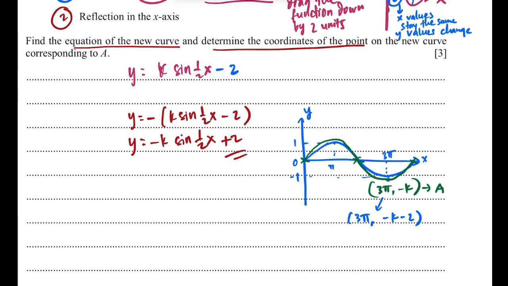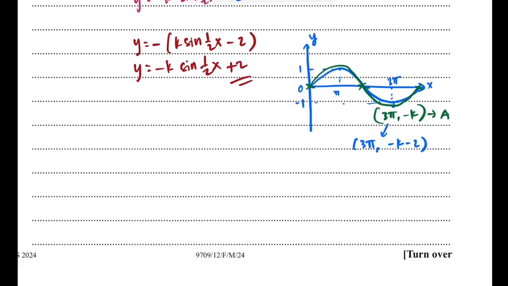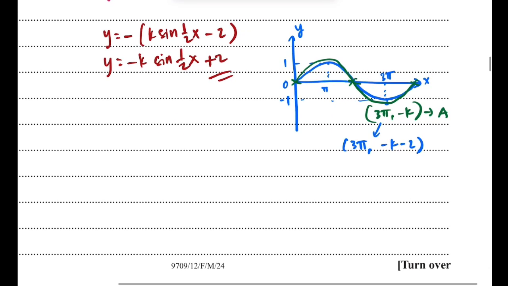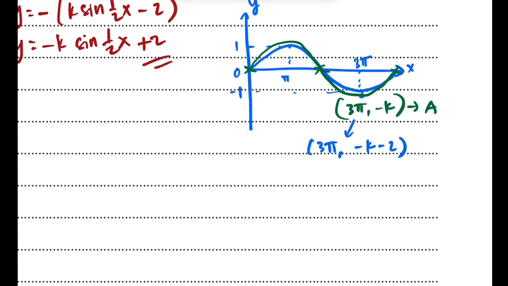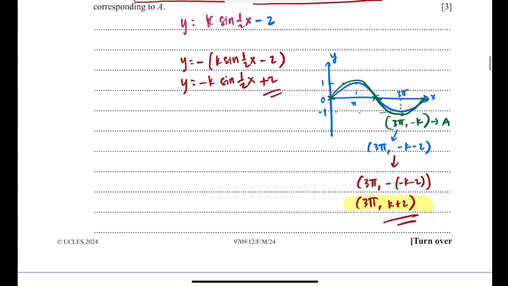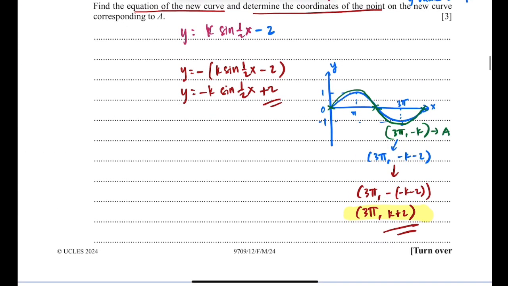Now, since we reflect in the x-axis, remember we only change the sign of the y coordinate. So from minus k minus 2, again the x is not affected here, it becomes the negative of minus k minus 2, which is actually 3 pi and k plus 2.